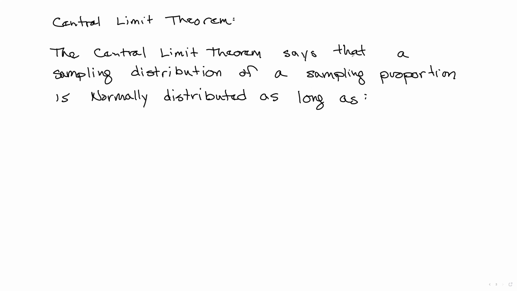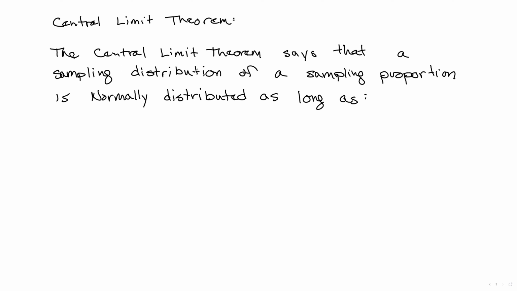So the central limit theorem says that a sampling distribution, what is a sampling distribution? It's the distribution of possible results when you do a survey. When you do a survey, you're collecting a sample of information from a bigger population. So the distribution of possible results when you do a survey is called a sampling distribution.